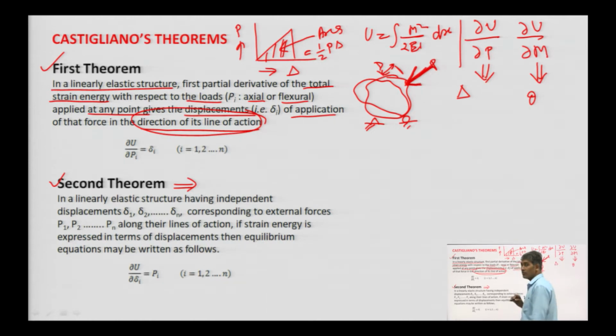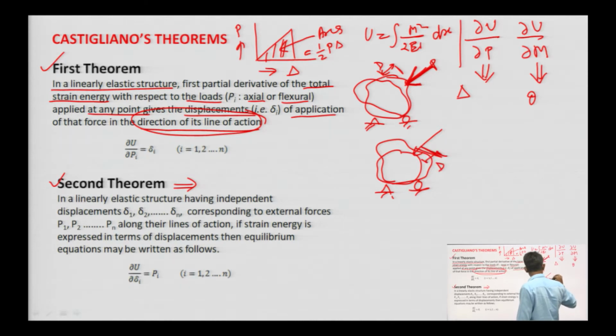If the calculated value is negative, then it means the displacement is opposite to the force. In this case it will be positive, and if with the application of this load the point moves to this position, then this delta will be negative. Okay.